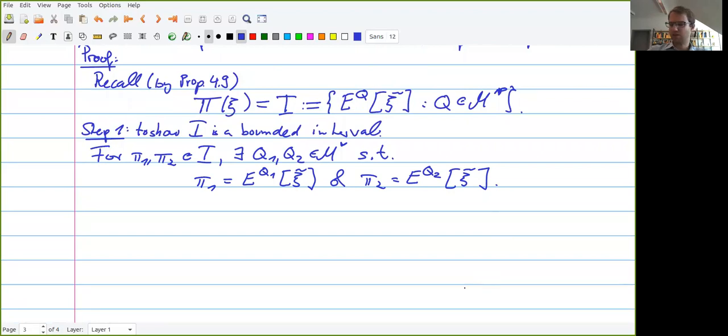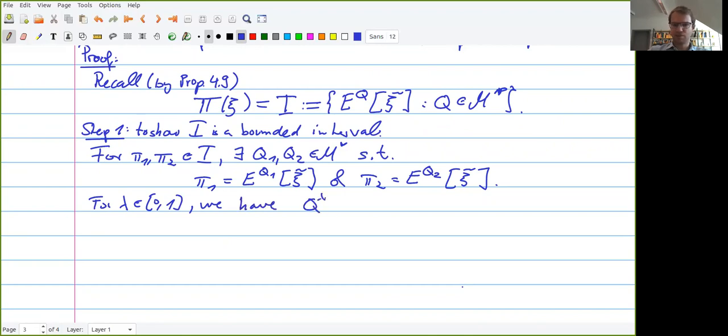Now, as I said, we want to show that it's a convex set to verify that it's an interval. So let's take a lambda between 0 and 1.